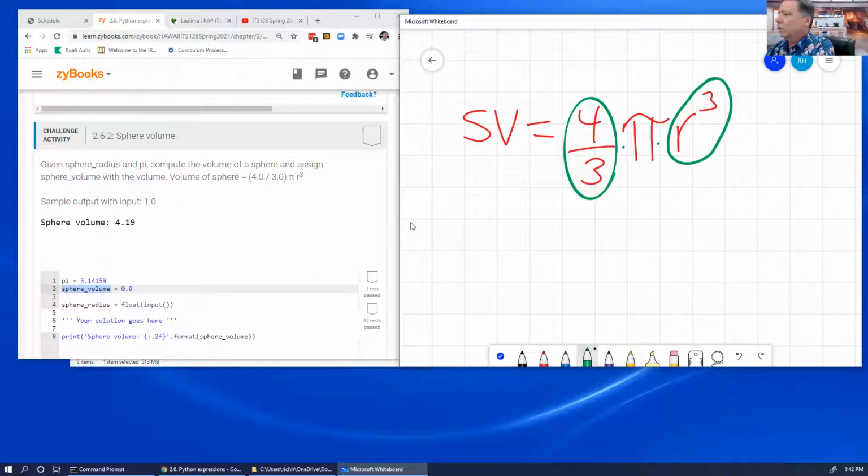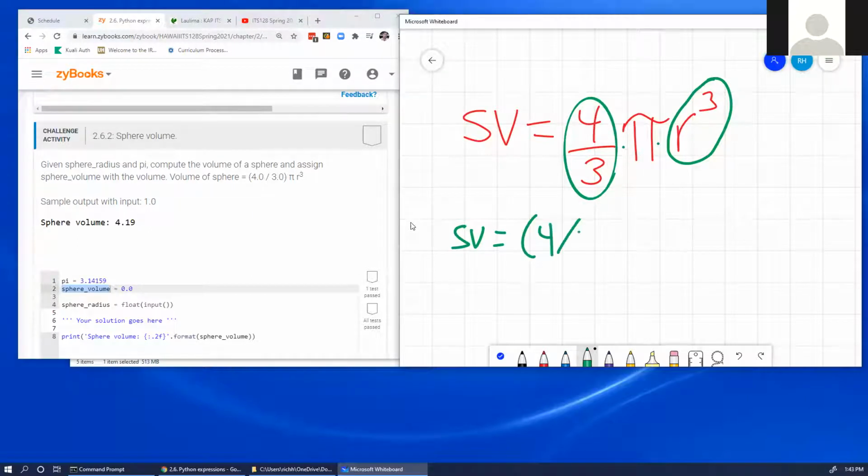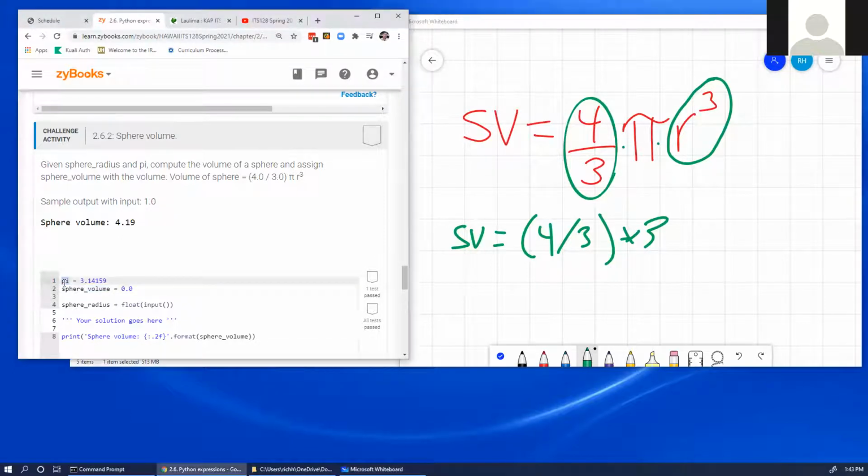So we can just write that SV equals 4 divided by 3. That's the one thing. Multiply pi. Oh, we have a variable pi here, pi.